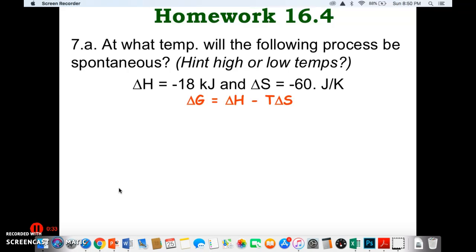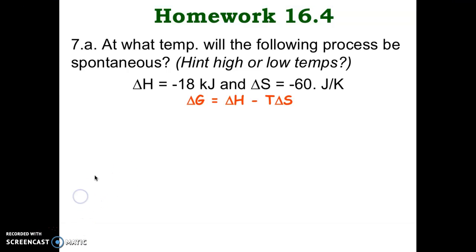So in 7A, the question is asking, at what temp will the following process be spontaneous? So again, I'm looking for my temperature in this reaction, and this is the equation I'm obviously using, but I've rearranged to solve for T. And again, I'm trying to figure out T at equilibrium.